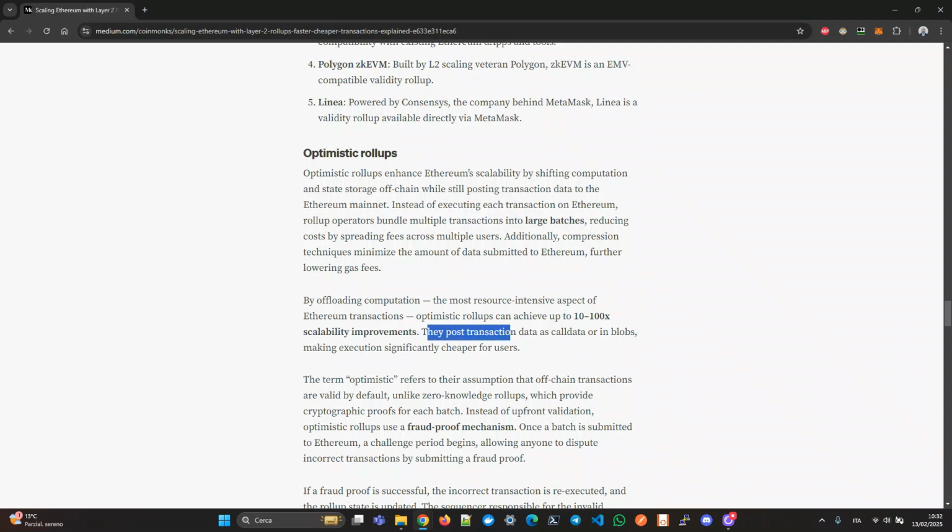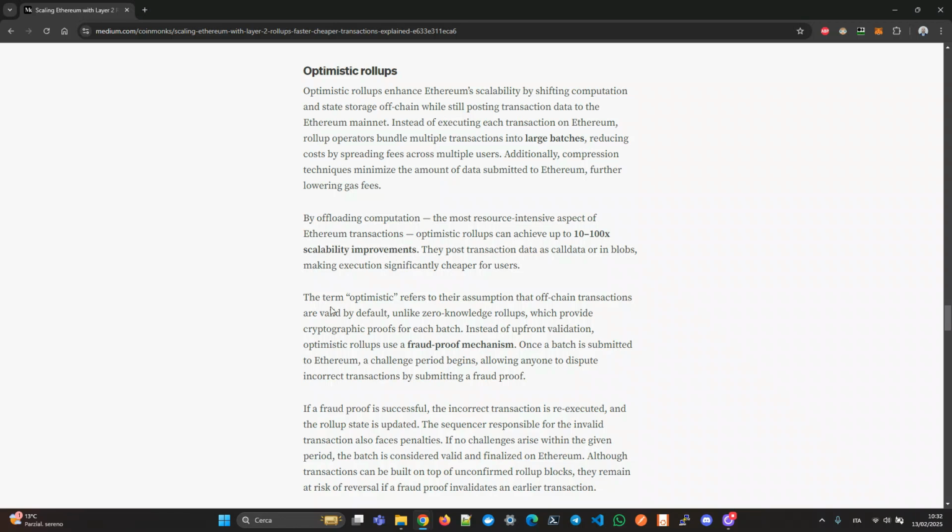These rollups post transaction data as call data or in blobs, and this makes the execution significantly cheaper.